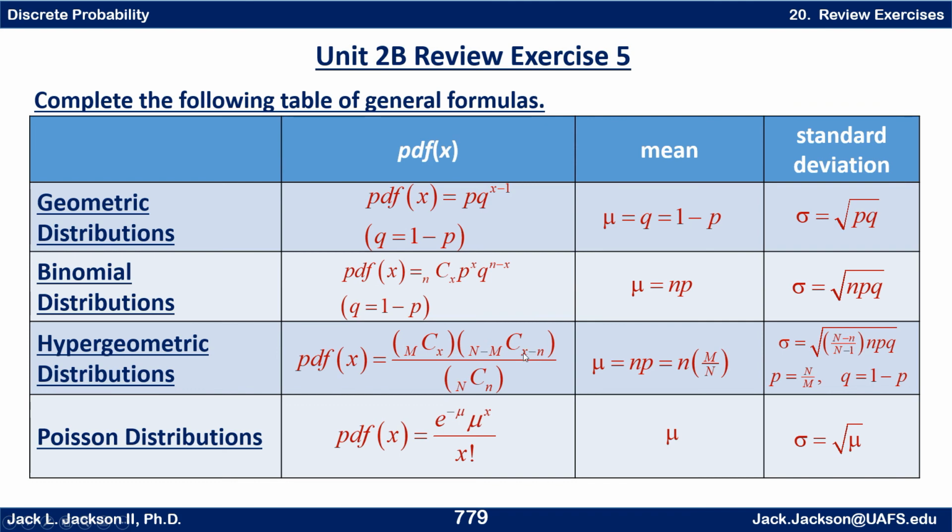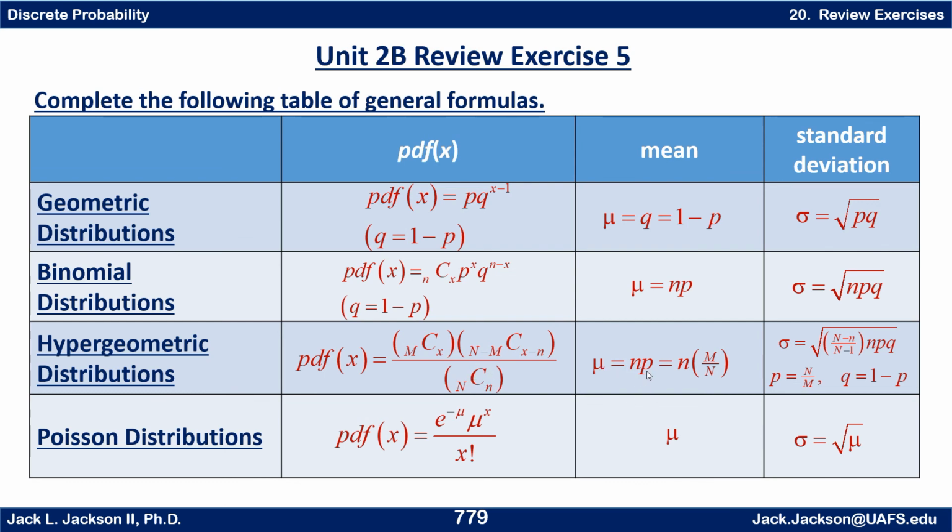So we're choosing those failures from the failures here. Once again, this is the ways of choosing the successes, this is the ways of choosing the failures, and this is the ways of choosing anything.